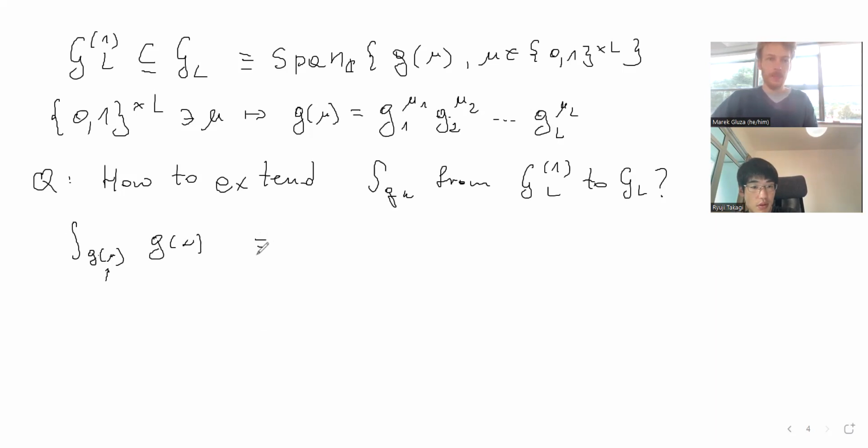But the way we should be defining this is that G mu we should define as a composition of G L, the last one, to the mu L. So I will either apply this map or not, depending on the 0 and 1 content of mu L. Then I have G L minus 1 to the mu L minus 1.